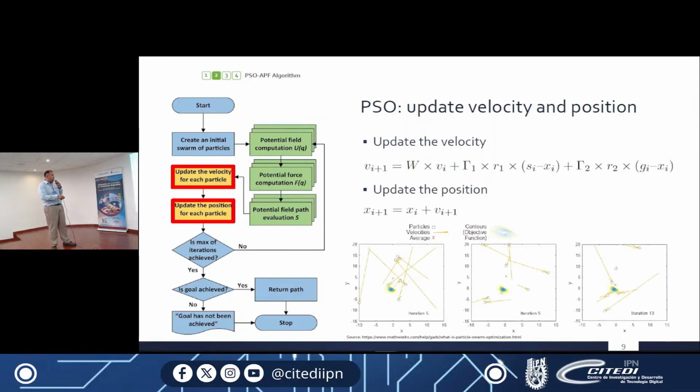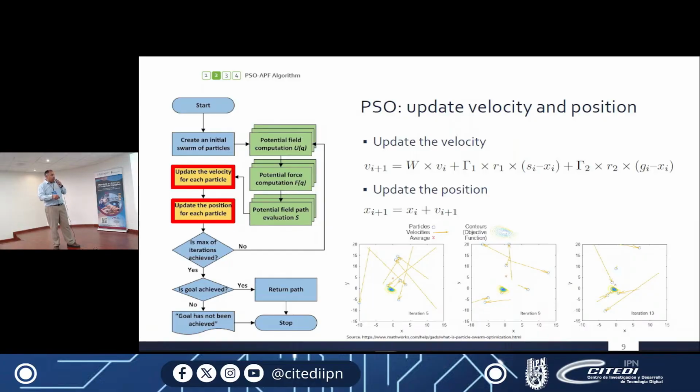Then we update the information of the particles, the velocity and the position of every particle, because every particle represents a solution for the path planning problem. We update the information with this equation. First, we update the velocity. Here we have three important parameters: the inertia, and gamma 1 and gamma 2, which are the learning factors, the cognitive and the social.